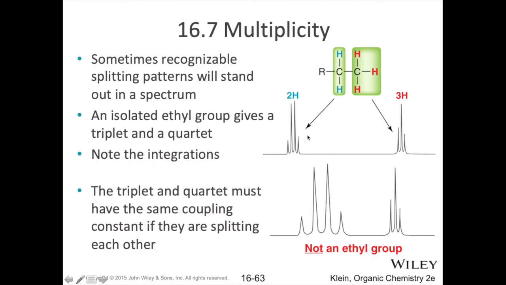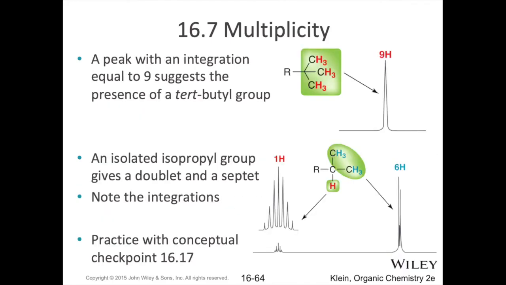This combination of a quartet and a triplet with integrals of two hydrogens and three hydrogens respectively is unique to ethyl groups. It's a very identifiable signature, a fingerprint, if you will, for an ethyl group. So that's something you want to keep in mind if you're looking for an ethyl group, or if you notice this pattern, it's indicative that your molecule has an ethyl group in it.